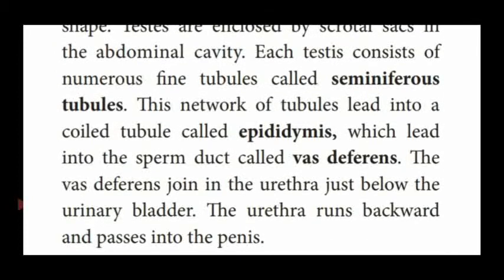This vas deferens joins the urethra just below the urinary bladder. The urethra runs backward and passes into the penis, which is present on the ventral side of the body.